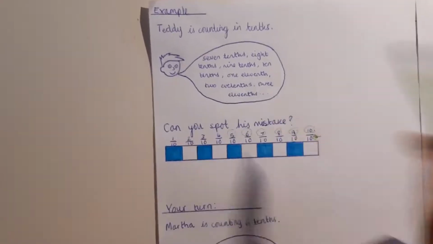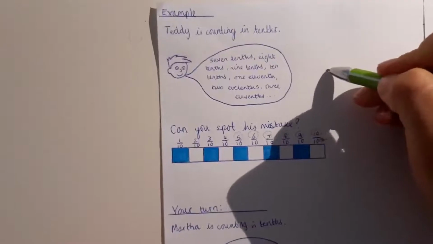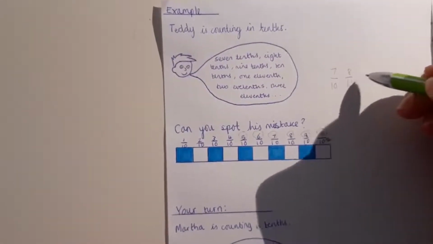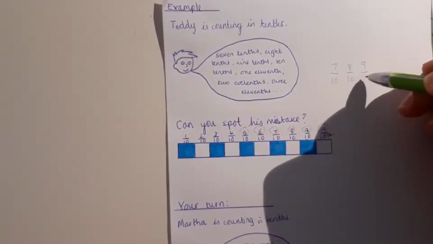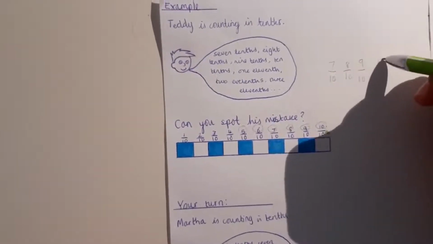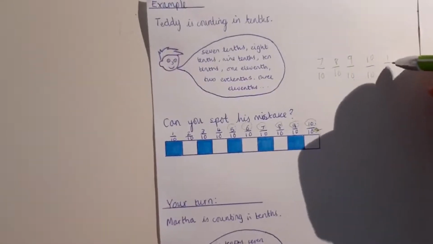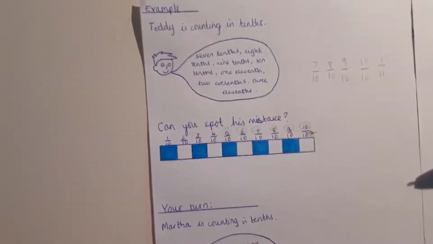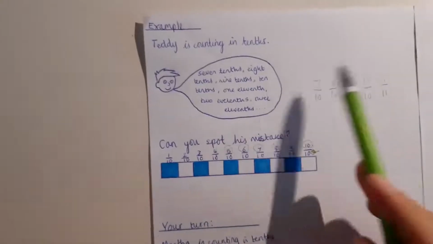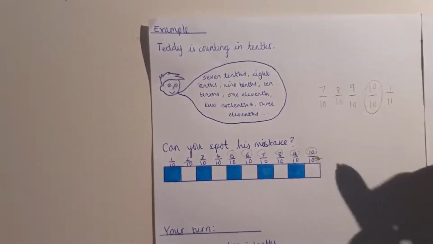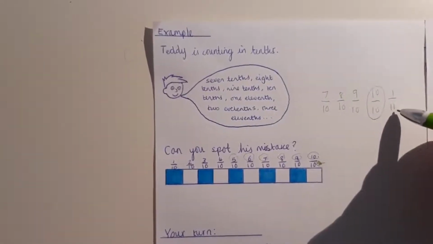So when Teddy counts up, he says 7 tenths, 8 tenths, it's looking good, 9 tenths, 10 tenths, and then he says 1 11th. So Teddy thinks that when you get to 10 tenths, which we know is 1 whole, you start counting in 11ths.